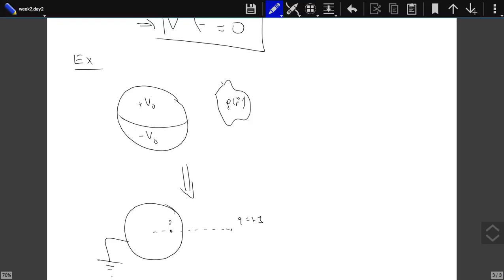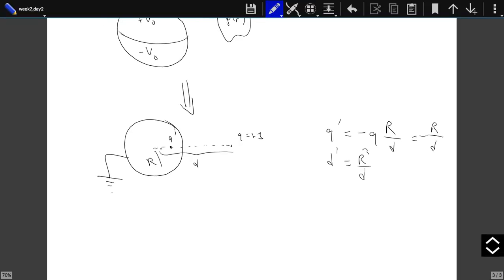The image charge is over here, Q prime, and Q prime is minus Q times R over D. R is the radius, D is this distance. Minus R over D, and then D prime, the distance of this image, is R squared over D. So this is at the point, let's say, vector R prime.